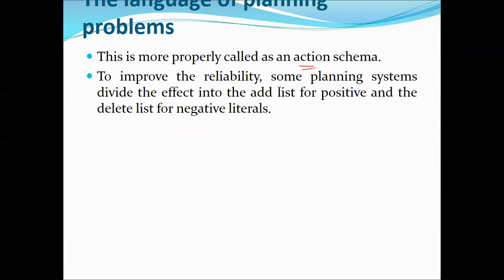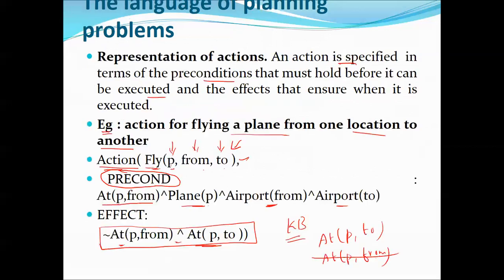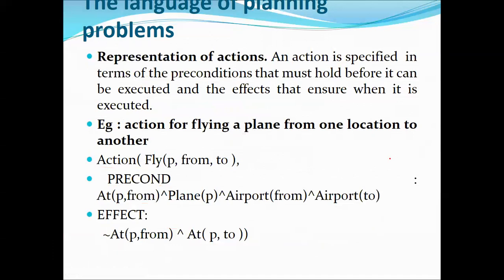To improve the reliability, some planning schemes divide the effect into the add list for positive and the delete list for negative literals. So for more clarity, you can have two lists. One is the add list, the other one is the delete list.